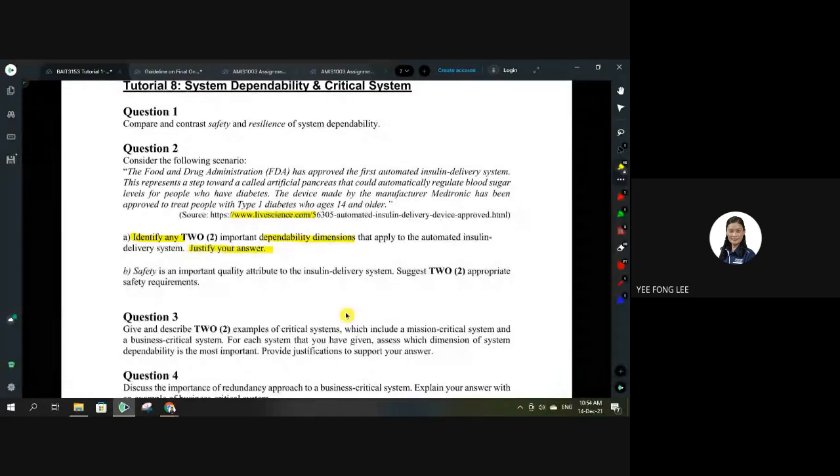So frankly speaking, this course is easy to pass, but not easy to score an A. You all get the point. All the points are there, but how you justify the answer truly depends on the quality of your answer.